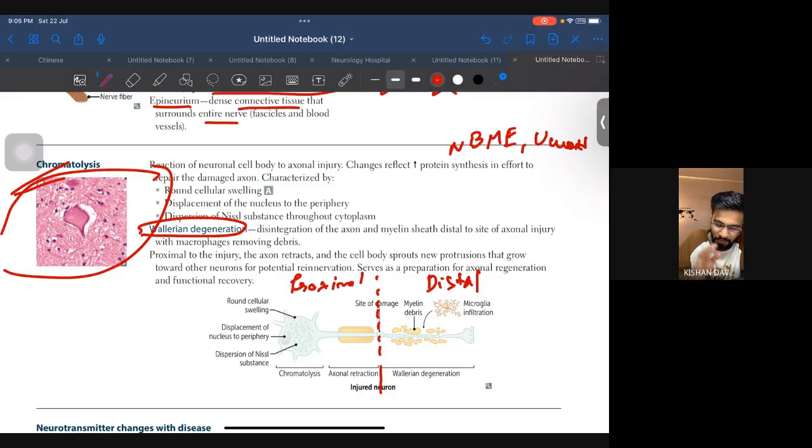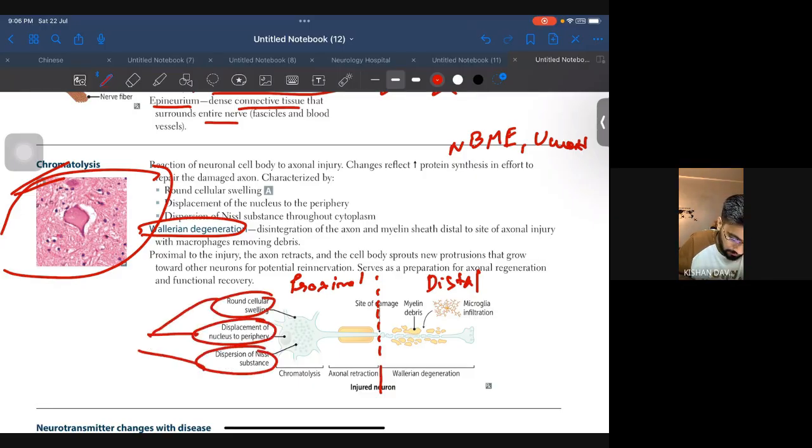If it is proximal, they will mention in the question whether the injury is in the proximal or the distal part. If it is proximal, you need to remember these three features, high yield. And if it is distal, they will directly give you Wallerian degeneration, directly one word.